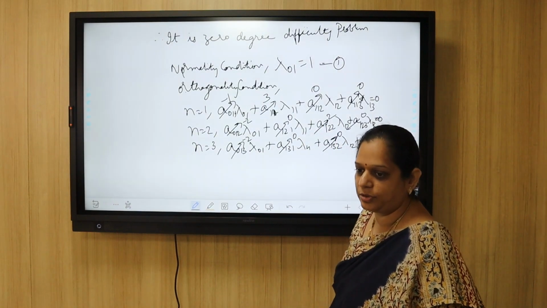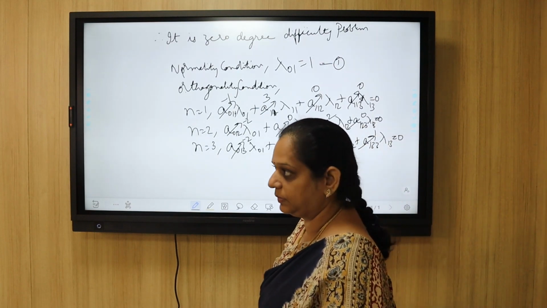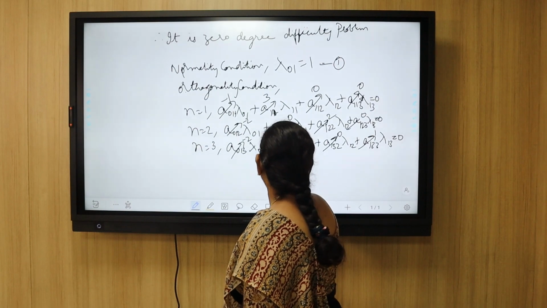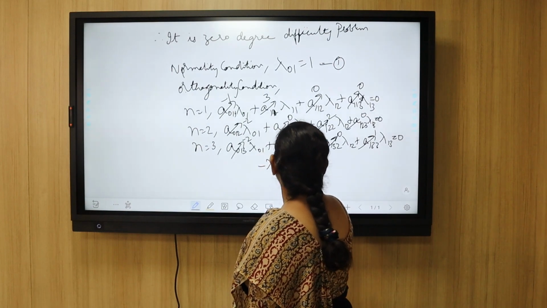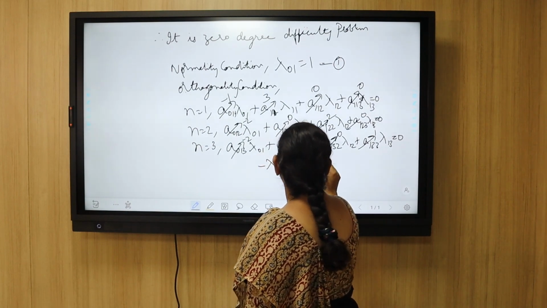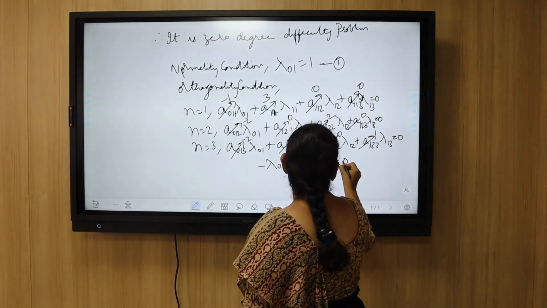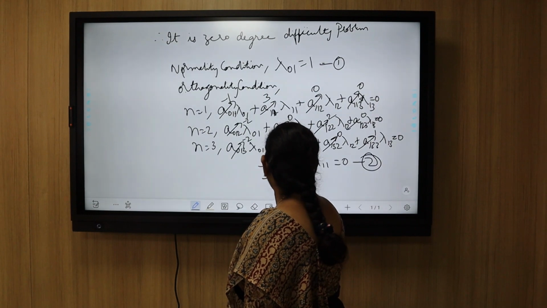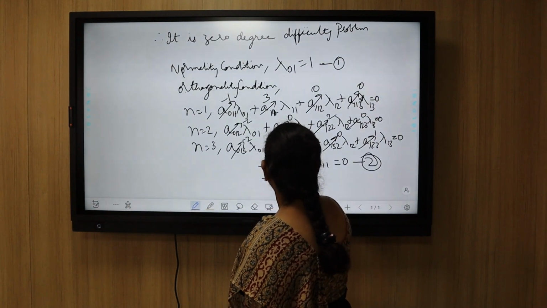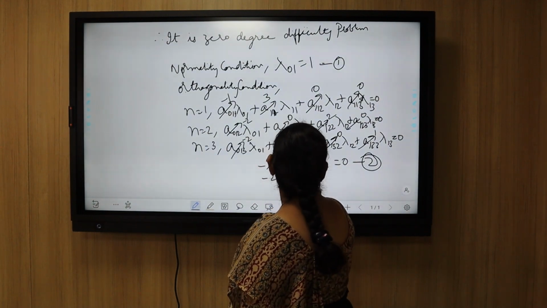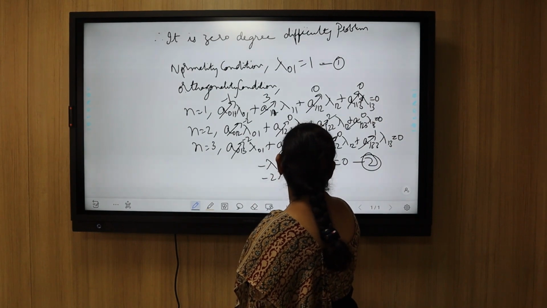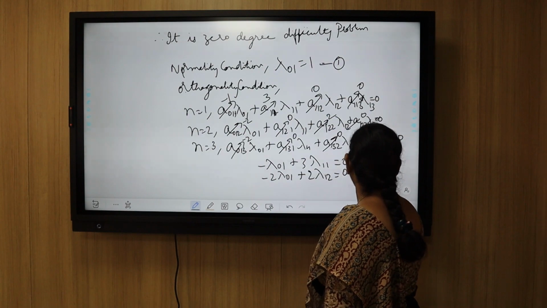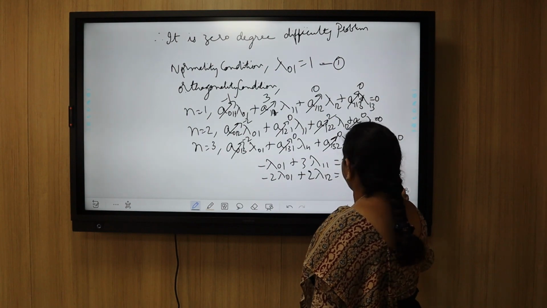So now we will get the equations as minus lambda 01 plus 3 lambda 11 equal to 0, which is your second equation, and minus 2 lambda 01 plus 2 lambda 12 equal to 0, the third equation.